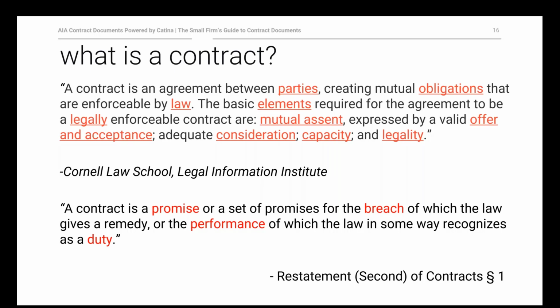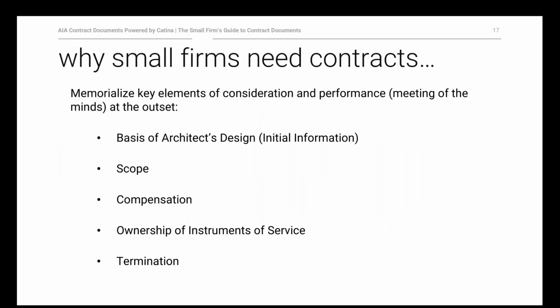But those are the basic tenets of a contract, and why it's important for all firms, but small firms among them, to memorialize these things so that each of these elements is well understood and the parties understand exactly what they're getting in the deal. So here are some things that are important to memorialize when entering into a contract.